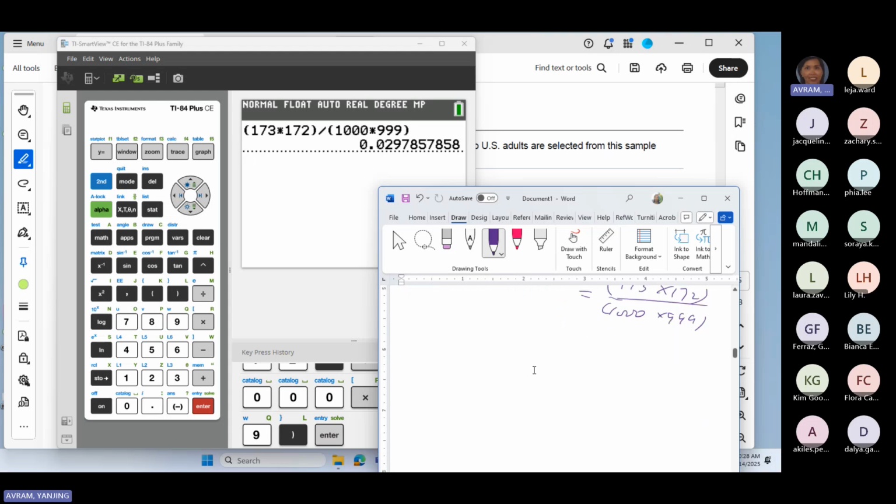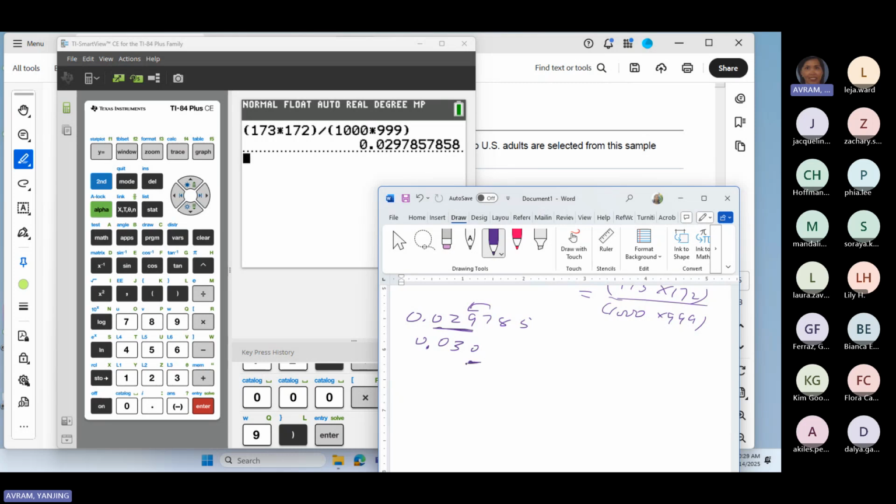We have 0.029785, and we need to keep 3 decimal places. So this is the 3 we need to keep, and the digit after it is 7, above five, so we need to round up. This one becomes 0, and this becomes 3. So that is 0.030. You do need to include this 0 at the very end.